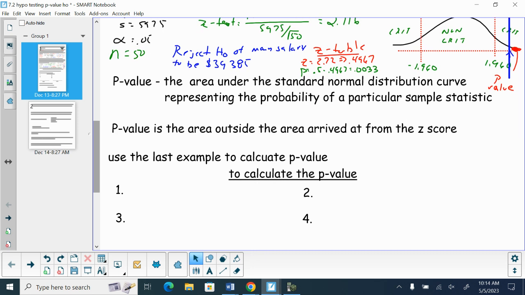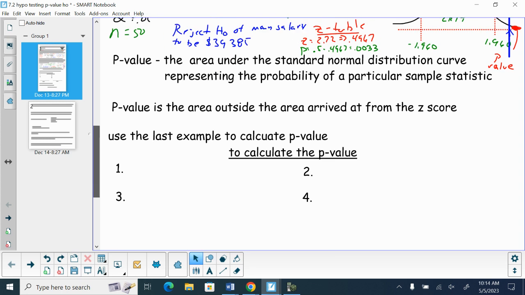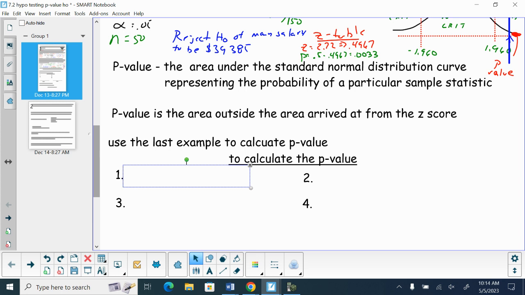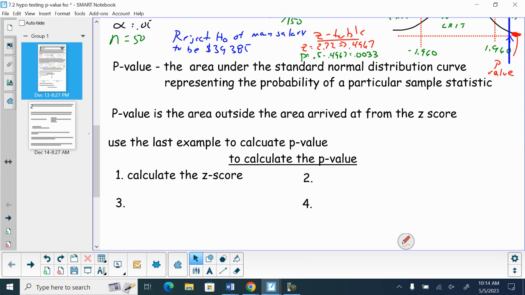What do we do with that value we just calculated? The p-value is the area outside the area of the z-score. To calculate the p-value, we calculate our z-score, which is our test score. We calculate the z-test score, which we did, 2.72.